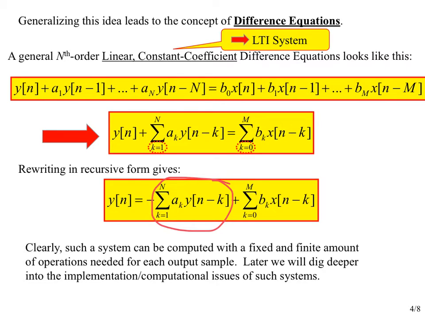So anything that has a recursive form like that fundamentally has feedback, and also fundamentally will be, in general, an IIR filter. There may be a few special cases where you can trump up the a_k's and the b_k's so that this thing really ends up having a finite duration impulse response. But in general, this is the form for an IIR system. And we'll dig into these issues quite a bit as we go into the later parts of the course.